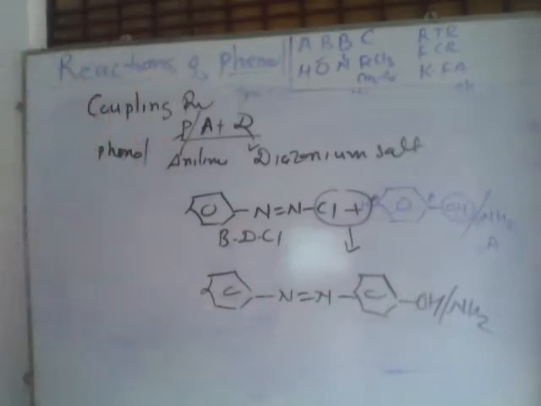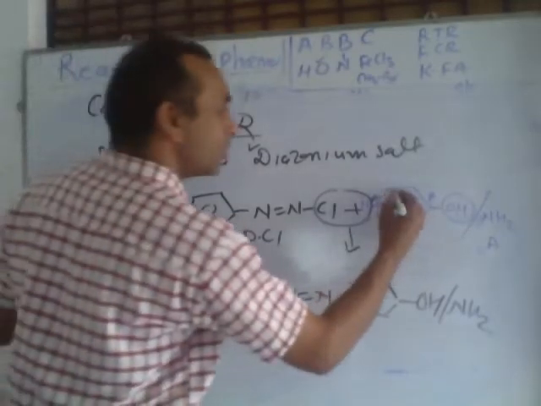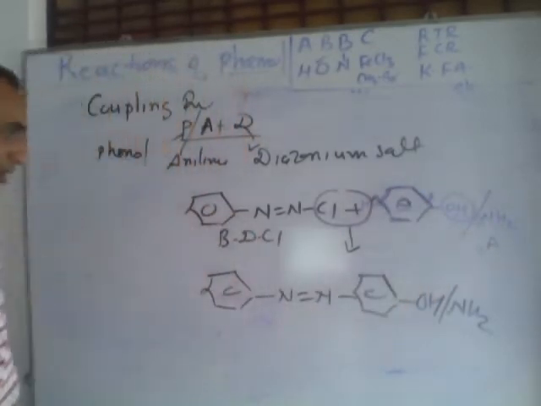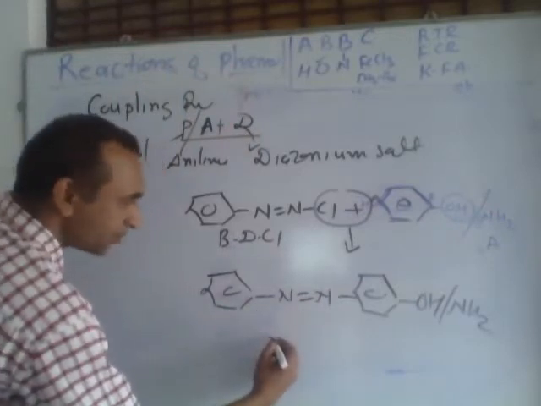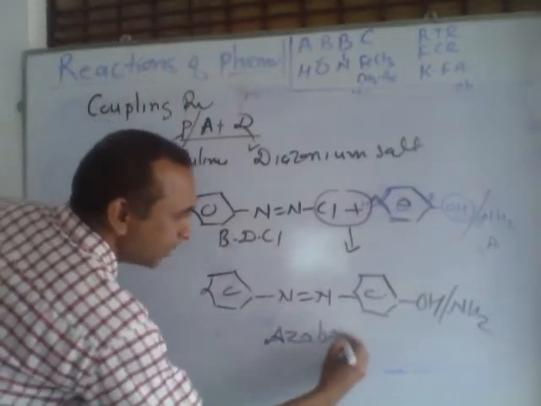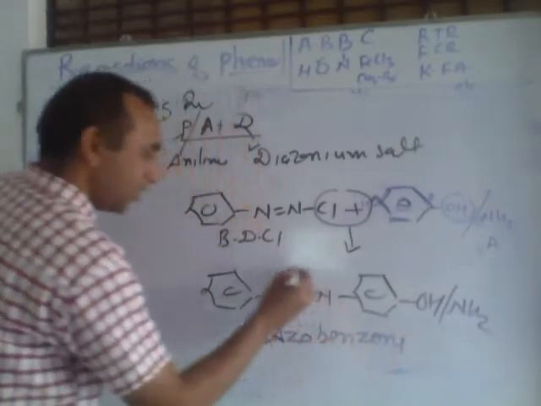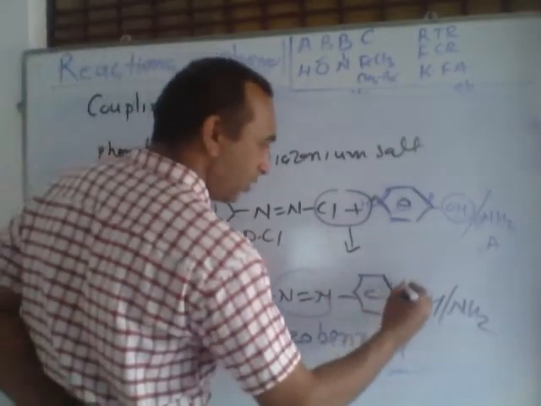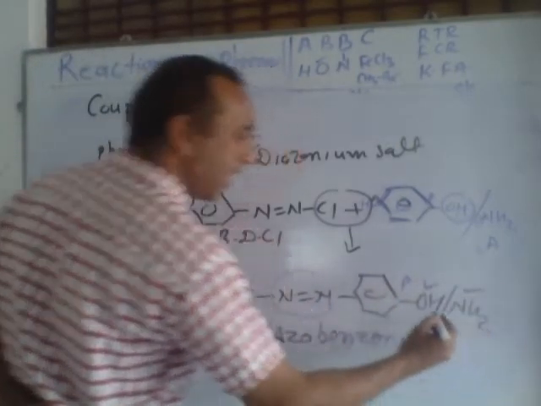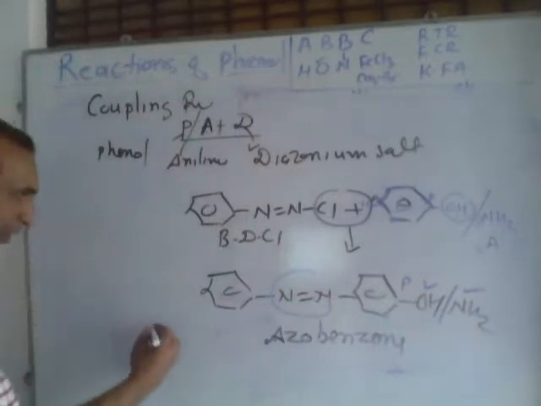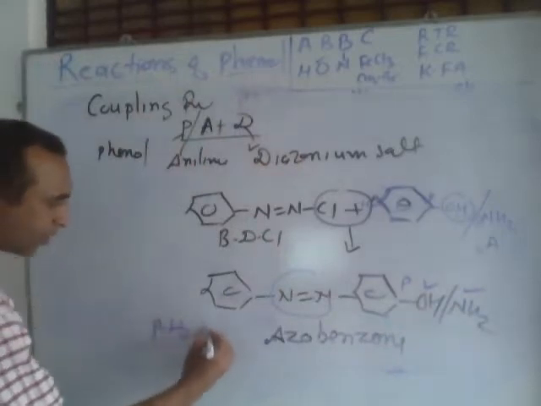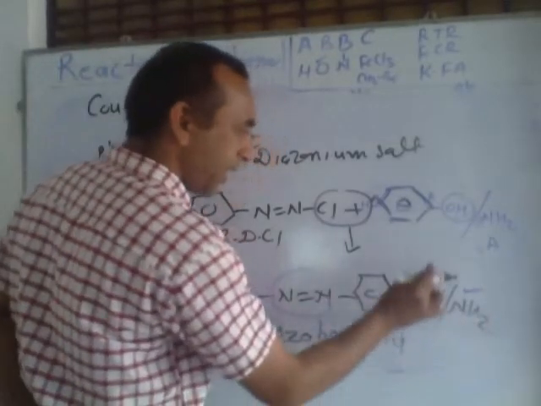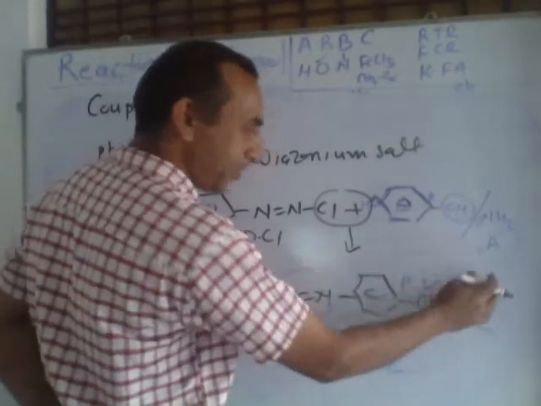So actually this is phenol, otherwise aniline, and this compound is called azobenzene. Azobenzene means this azo group with two benzene rings. But in azobenzene, on the para position there is a hydroxy, otherwise amino group. So as a prefix we should write para hydroxy, otherwise para amino: para hydroxy azobenzene.